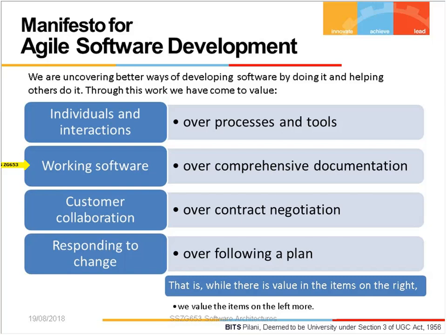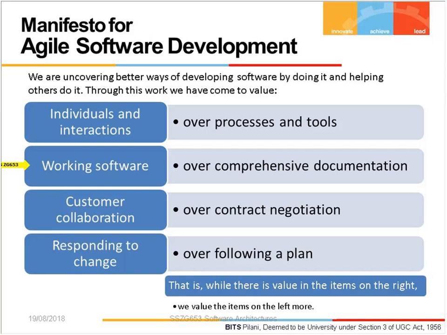Not for a single day did he pull you down and say, now you're not online, and I'll put you up again after 12 hours, except if you've been in a coma. So if working software is presented to the stakeholders all the time, a lot of documentation is not really necessary.